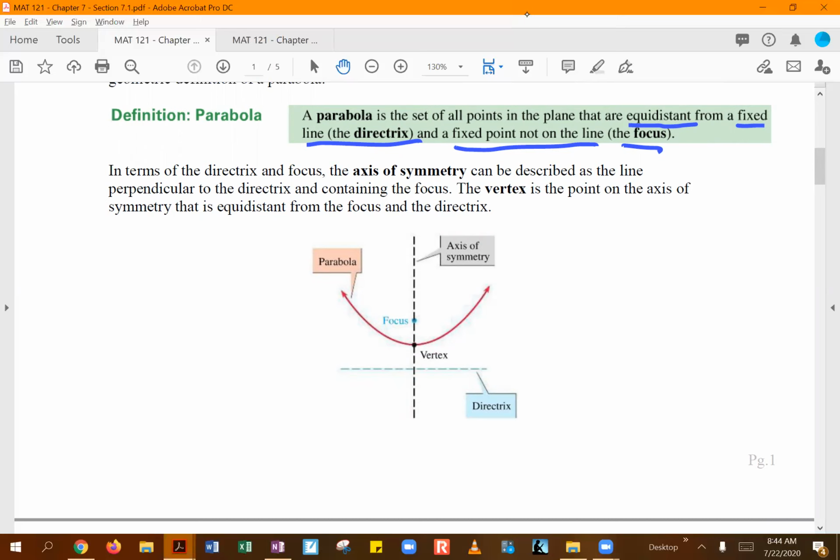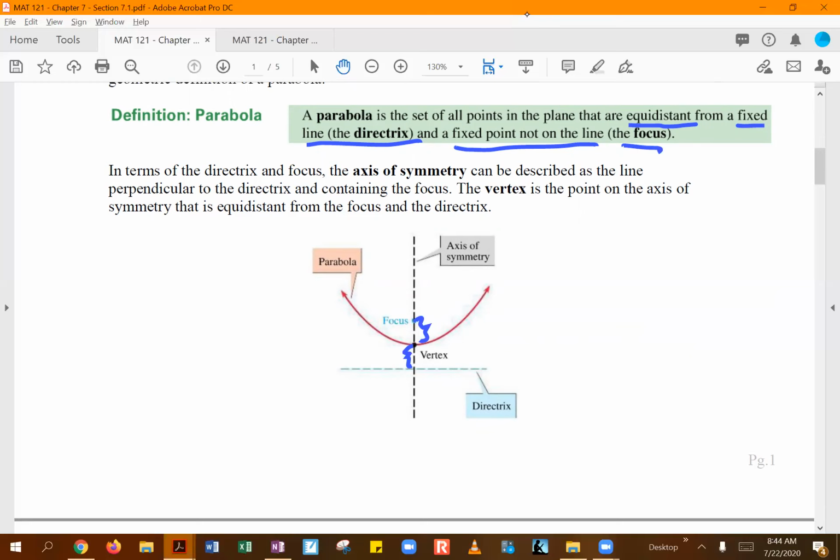Now, the key thing to remember here is that the distance between the focus and the vertex and the distance between the vertex and the directrix are going to be the same. Remember the vertex is the lowest point on your parabola if the parabola is opening up, or the highest point if the parabola opens downward. You can see the axis of symmetry.